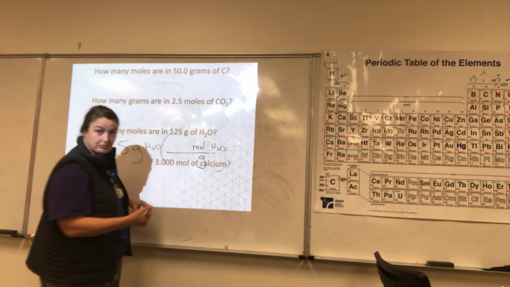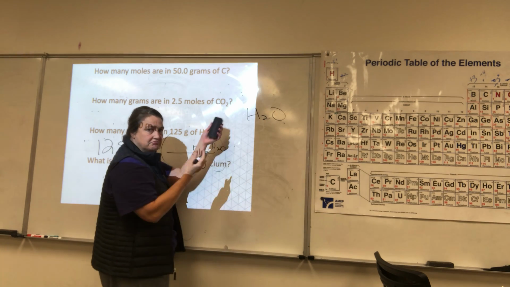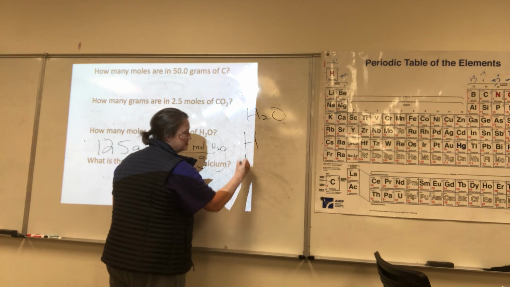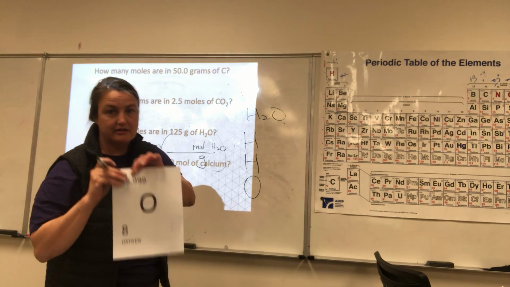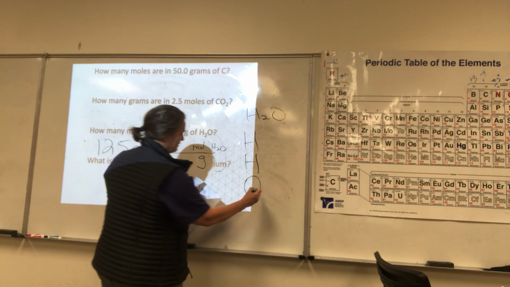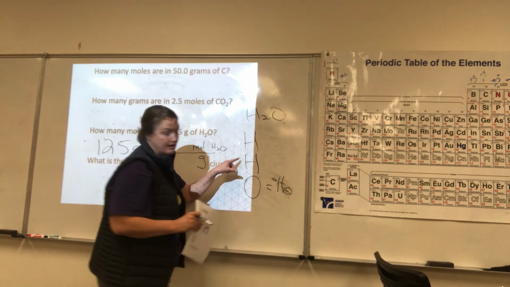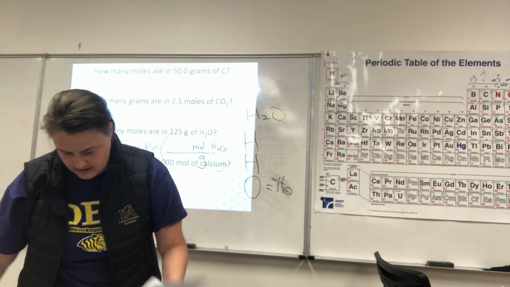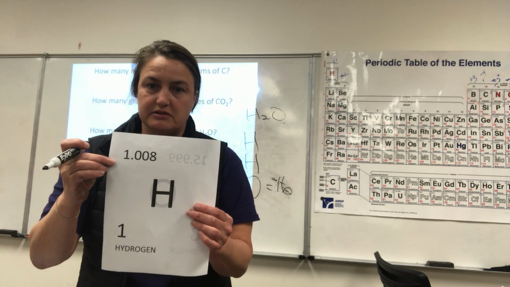To do that, to determine the molar mass, I would say, okay, well, in every molecule of water, we have 2 hydrogens and 1 oxygen. If you look at oxygen on the periodic table, you'll see 15.9999. And instead of writing that here, I'm just going to put 16 to make it easy. Hydrogen on the PTE is 1.008.